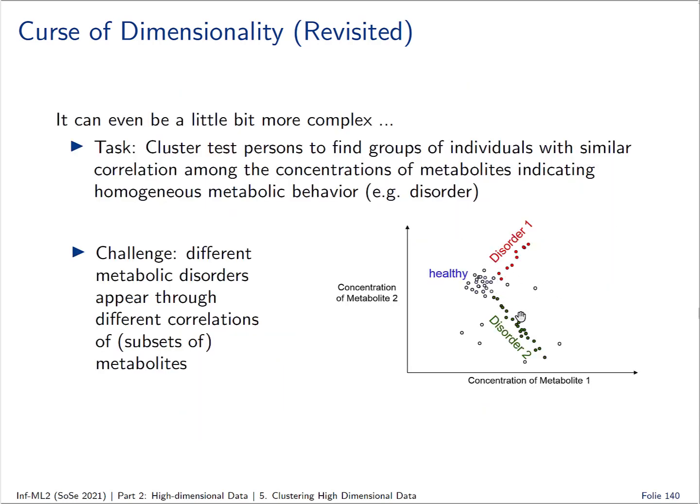Here it's completely different, because we're talking about correlations which are somehow arbitrarily oriented in the feature space. So these correlations may exhibit or may exist through subsets of features, and that makes the whole thing even a little bit more complex, even a little bit worse.